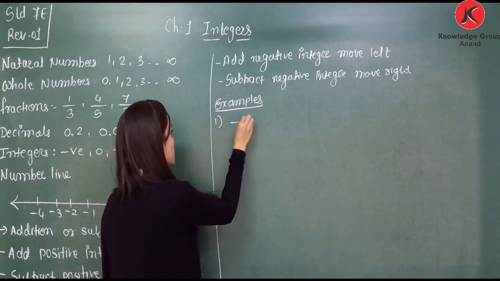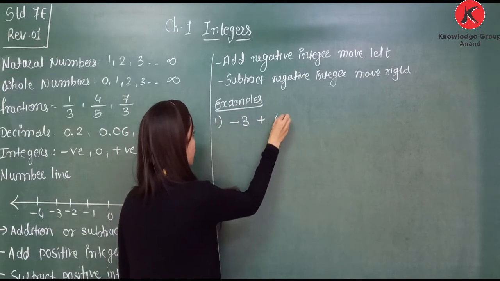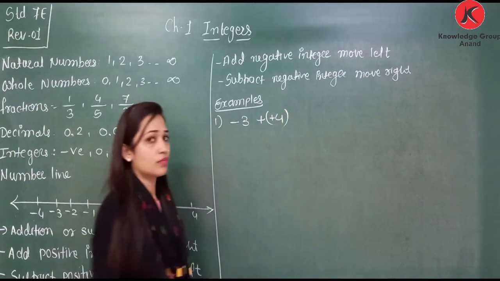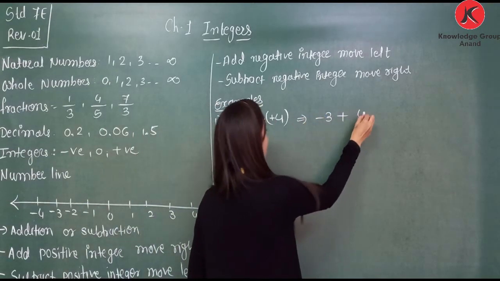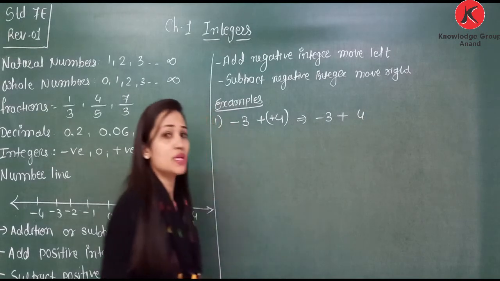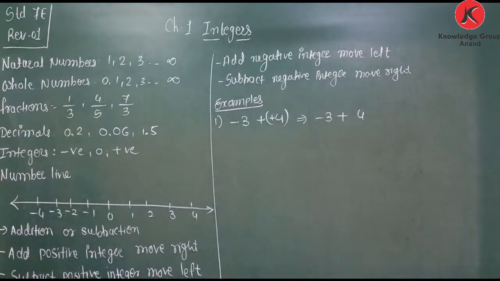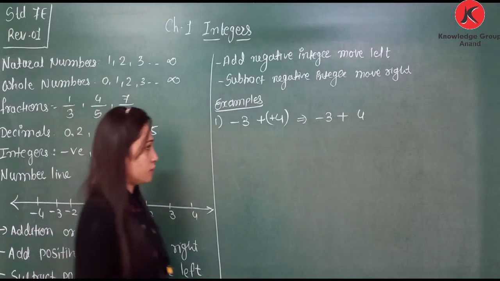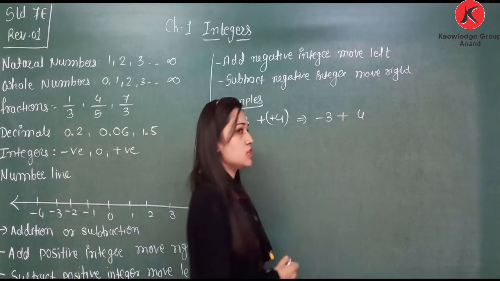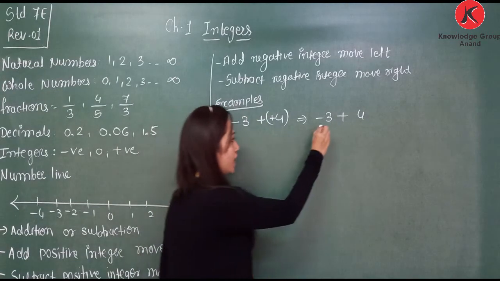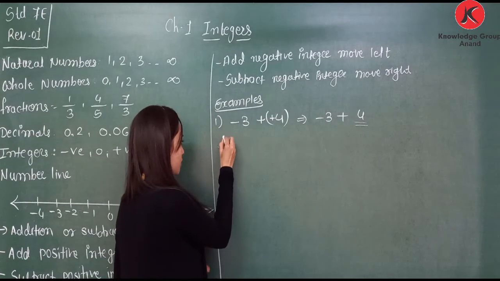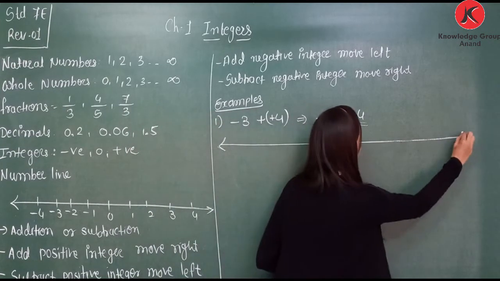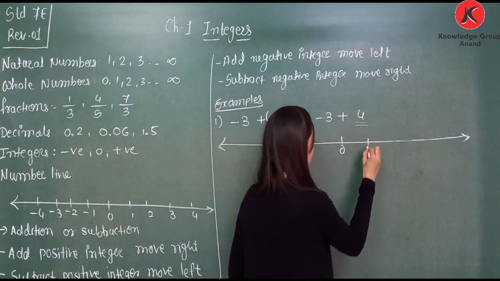Let's take first -3 plus 4. If the equation is given like that, the sign of 4 is not given, which means it is a positive integer. So here we are adding a positive integer to -3. On the number line, first we need to draw the number line.